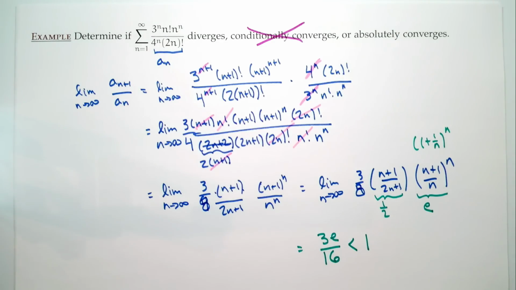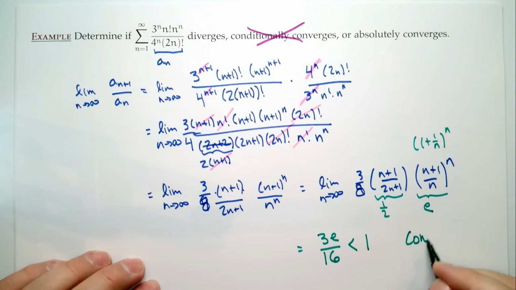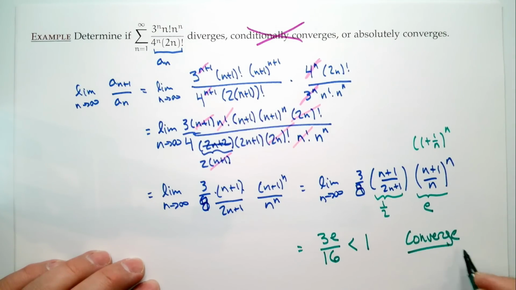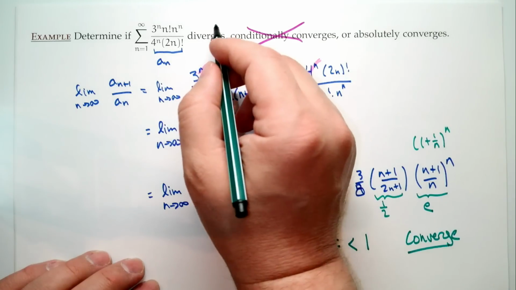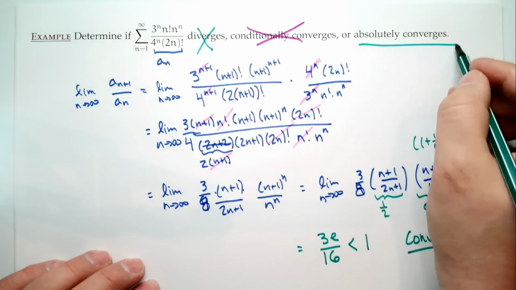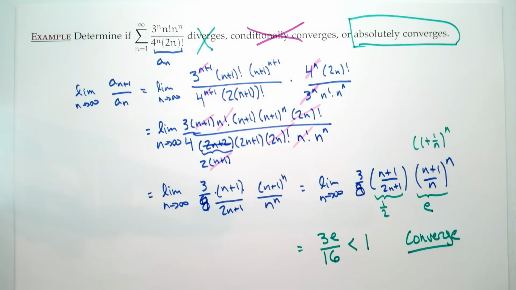So, if our limit is less than 1, this will converge. Okay, well, which means it's not divergent, so it must be absolutely convergent. All right. Interesting, interesting. Good.